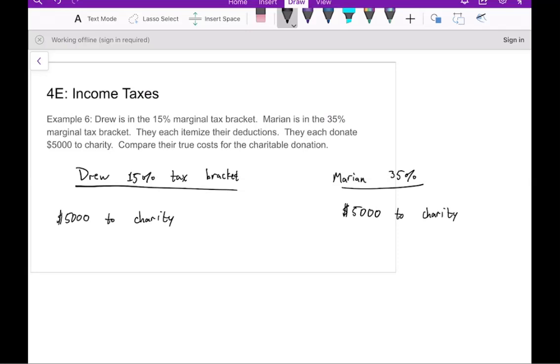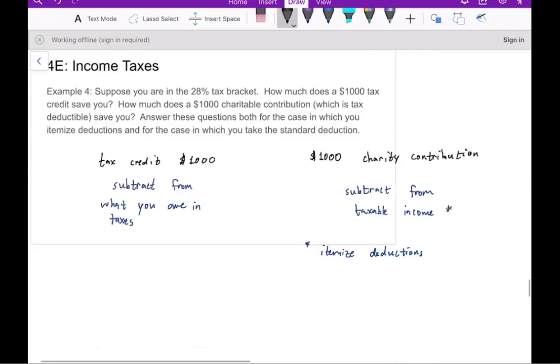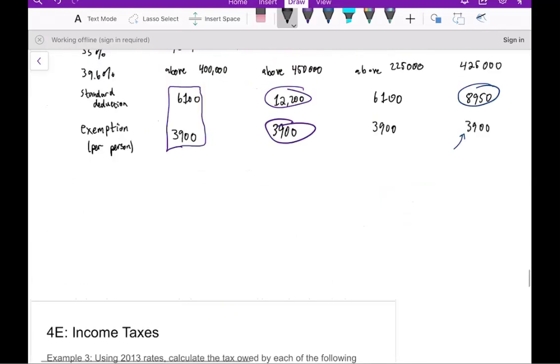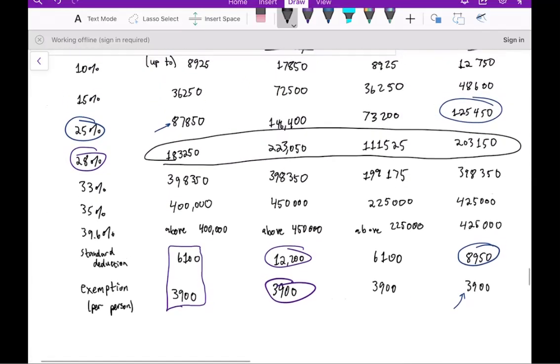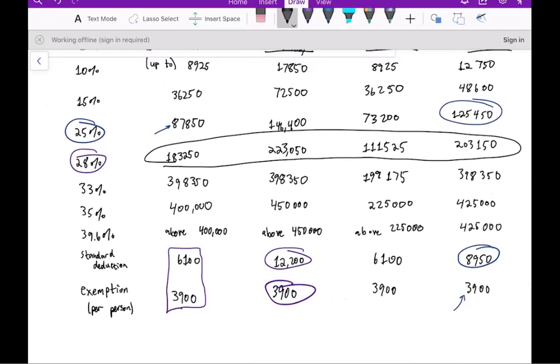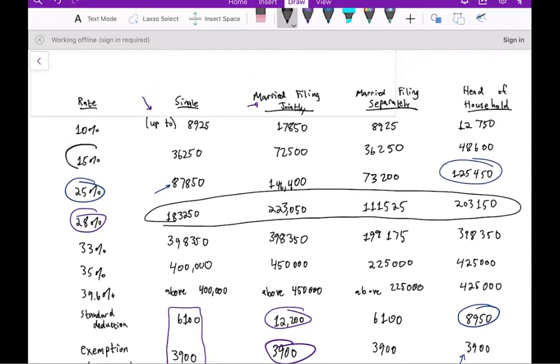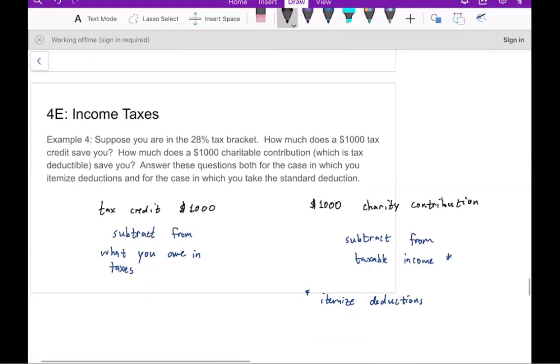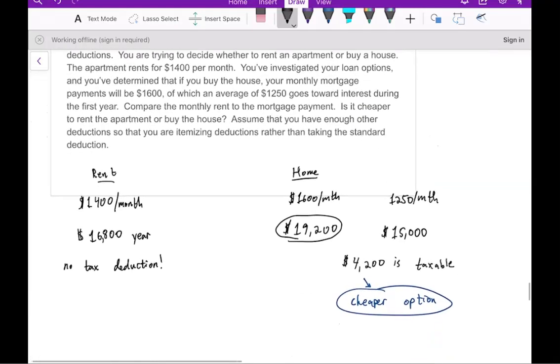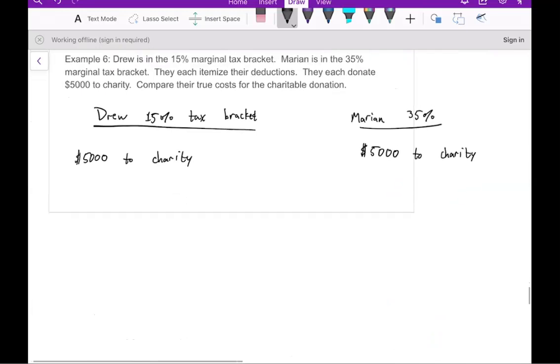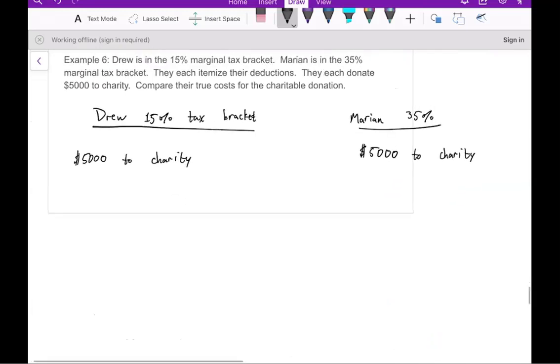Right? So what's really going to happen is if we go to our tax table here, we're going to be able to subtract this from our taxable income. So if we're in the 15% bracket, and I forget what the other one was, the other one was the 35% tax bracket, right?